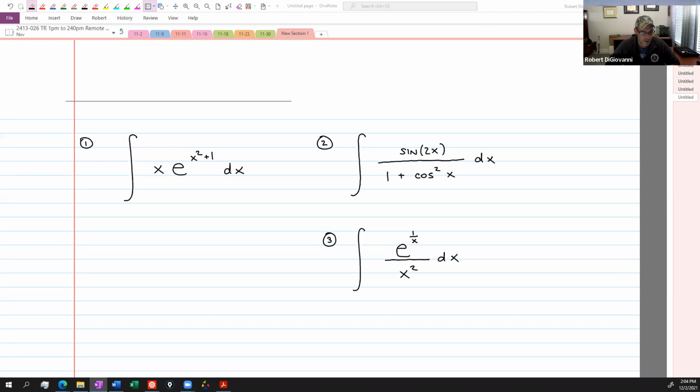Do you see anything that when you take the derivative of it, it's also there somewhere? No, sir. Okay, so let's just start looking piece by piece. How about x? You know the derivative of x? I'm not good at this.